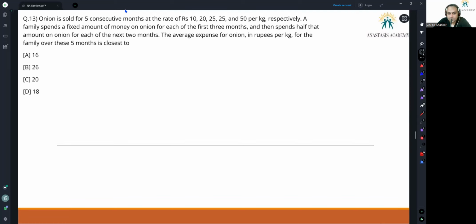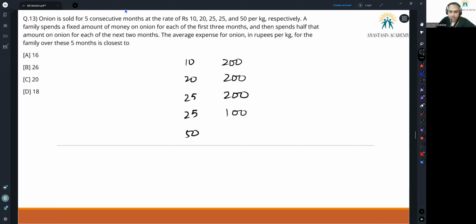The average expense for onion in rupees per kg for the family over the 5 months is closest to. The good thing is they haven't given me a limit on the amount. So prices I have 10, 20, 25, 25, and 50. I'm saying let the expenditure in the first month be 200. First 3 months, it will be 200, 200, 200.